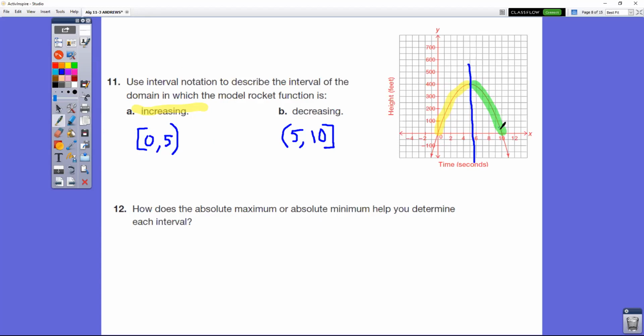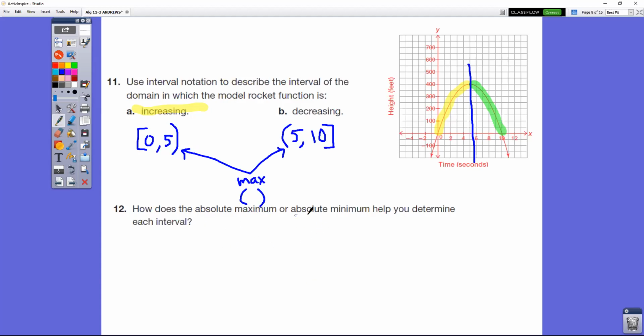From this point to this point in the green, it's decreasing. So from second 0 to second 5, it's increasing. From 5 to 10, it is decreasing. But again, at the max, you have to use round parentheses. Same thing would be for the min, at that vertex.